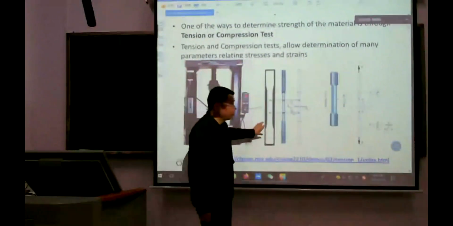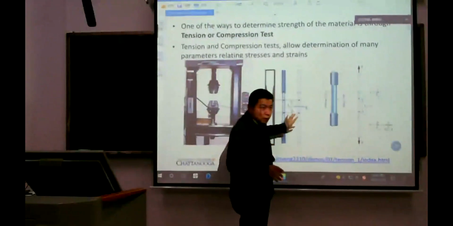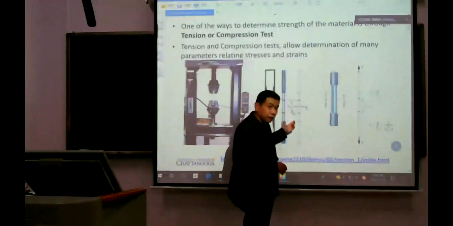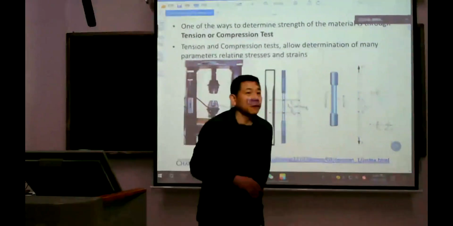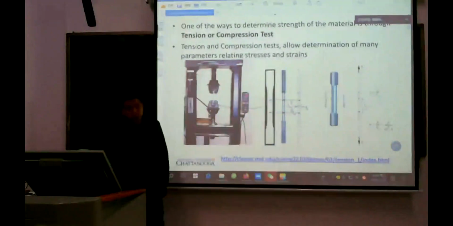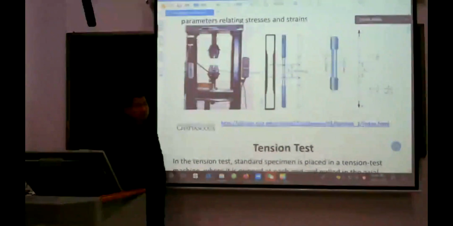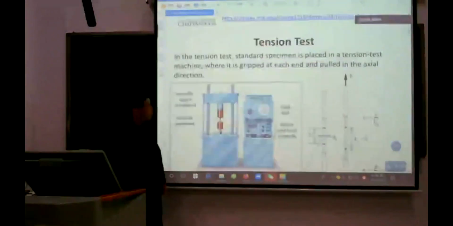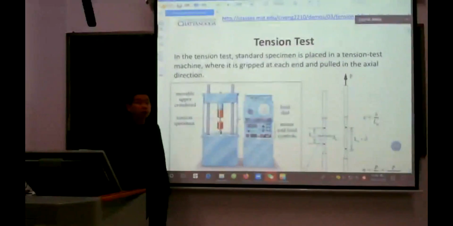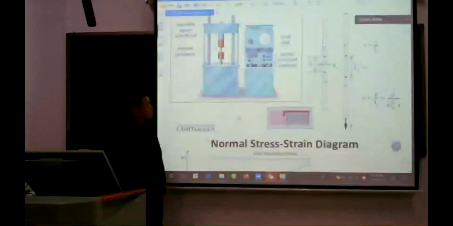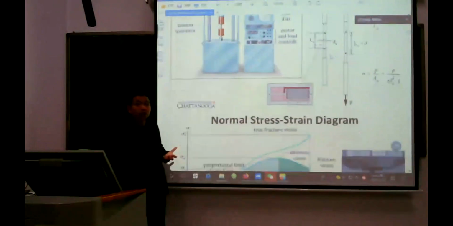So we have to get a code. According to the code, make a specimen, because the property depends on the size. Then put the specimen on the machine. After you put it on the machine, then load it. We can get the deformation and the stress.